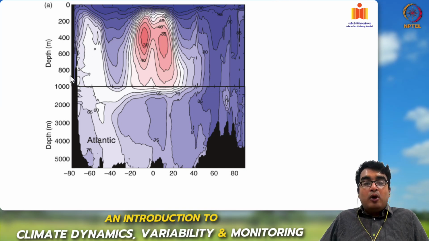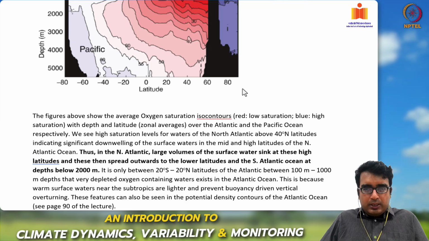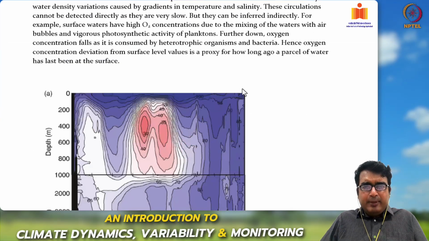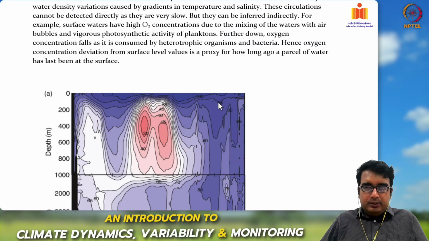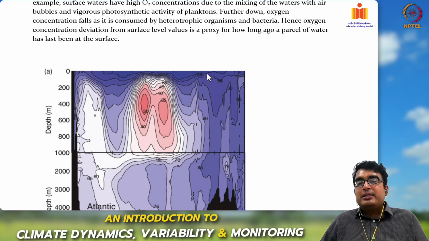Here we are plotting the oxygen concentration. The units are in parts per million, I think. Or it's in percentage terms. It's primarily as a relative percentage. So the surface level water is 100.